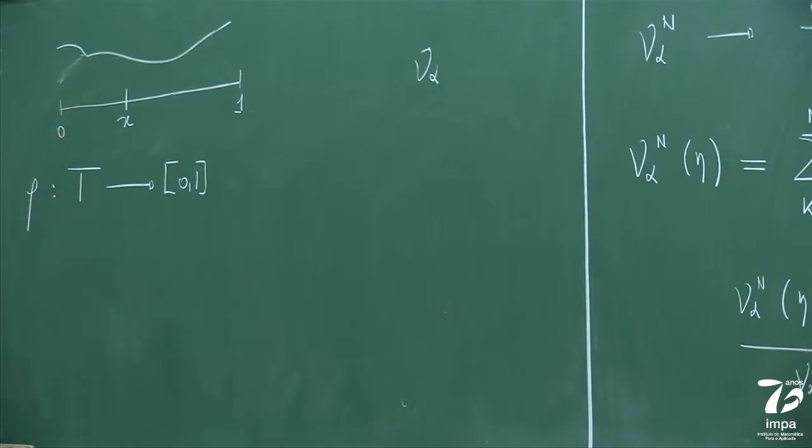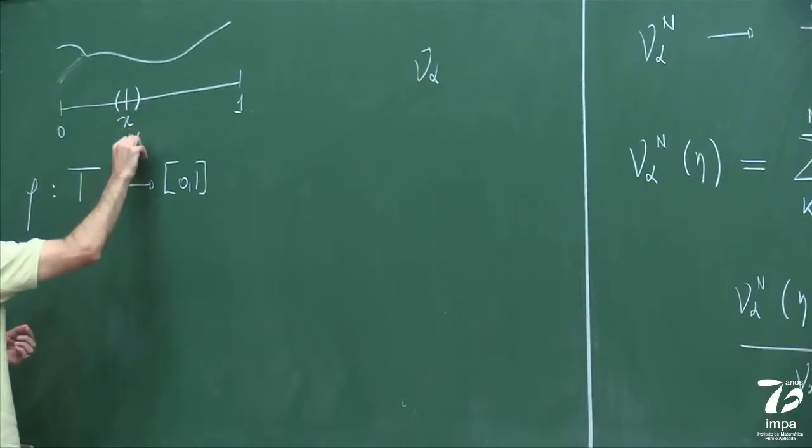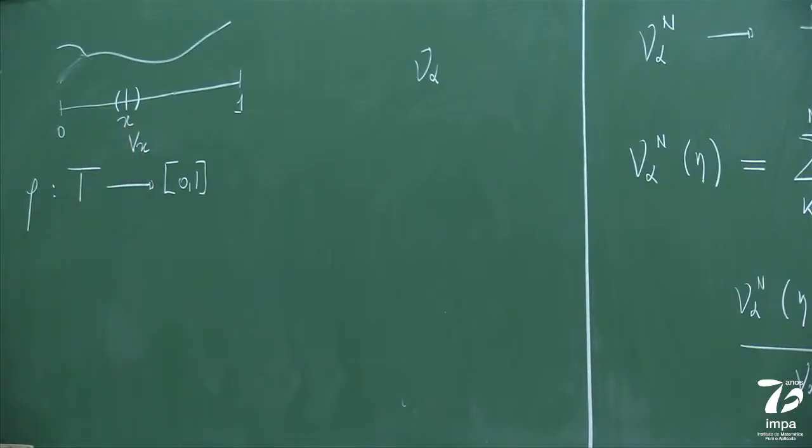and now I would like to introduce in my model a state which has the following property. I fix a point x, and I look at a neighborhood Vx of this point x. This neighborhood, it's very small if I look at the interval 0, 1.